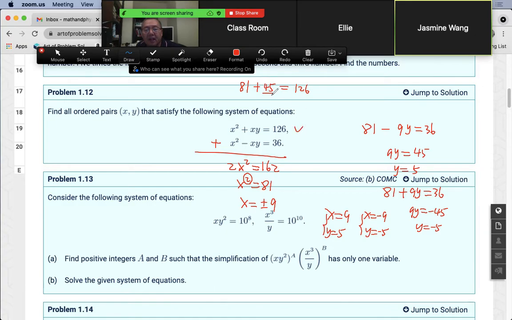Another case: if x equals negative 9, y equals negative 5, so x times y is still positive 45. So 81 plus 45 still equals 126. So these two solutions both satisfy this equation. We get two sets of solutions.